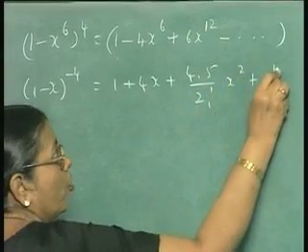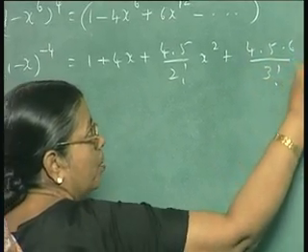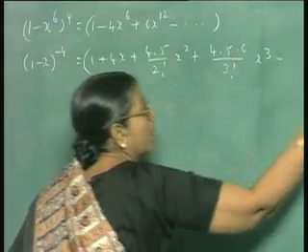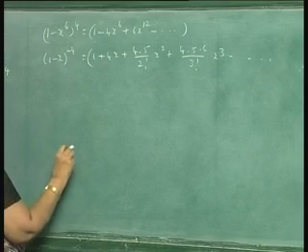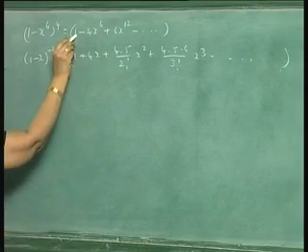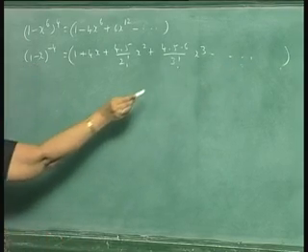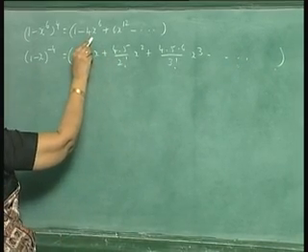So let us add those coefficients. If you multiply this 1 by the coefficient of x^13 here, what will be the coefficient of x^13 in this expansion? That will be 4 into 5 into 6 up to 16 by 13 factorial, because we are considering the coefficient of x^13.